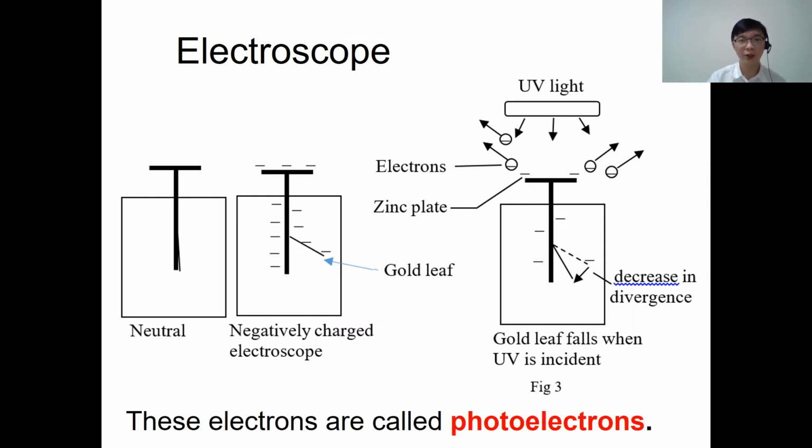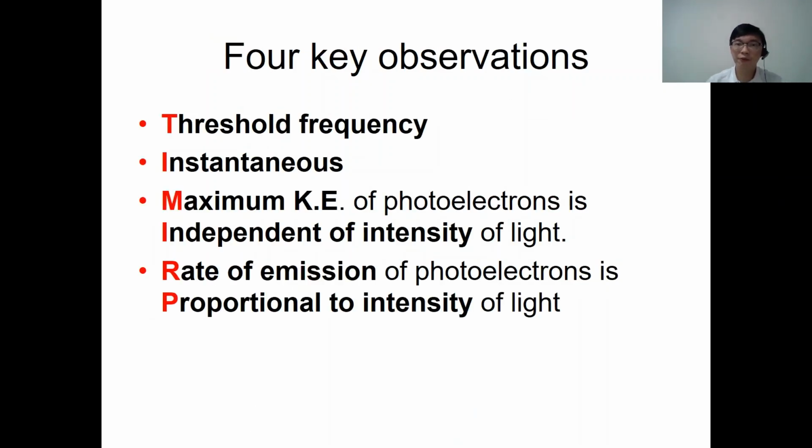One of the names they give these electrons, because they were the result of light, of UV, is photoelectron. There were four key observations in this experiment. They realized that you couldn't just use any light, it needs to be of a certain frequency. Secondly, the moment you shine light on the surface, the leaf decreased in divergence.